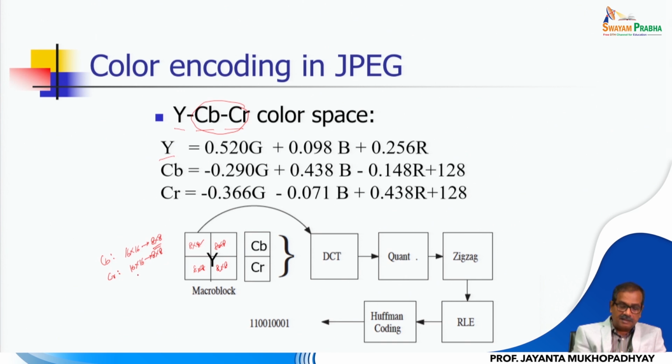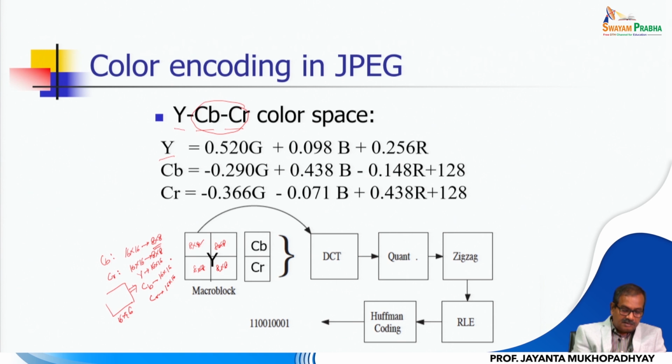So, which means that given any RGB colored image, I will take a 16x16 block, again non-overlapping blocks. I will perform the color transformations to get Y, Cb and Cr, each of 16x16 size.